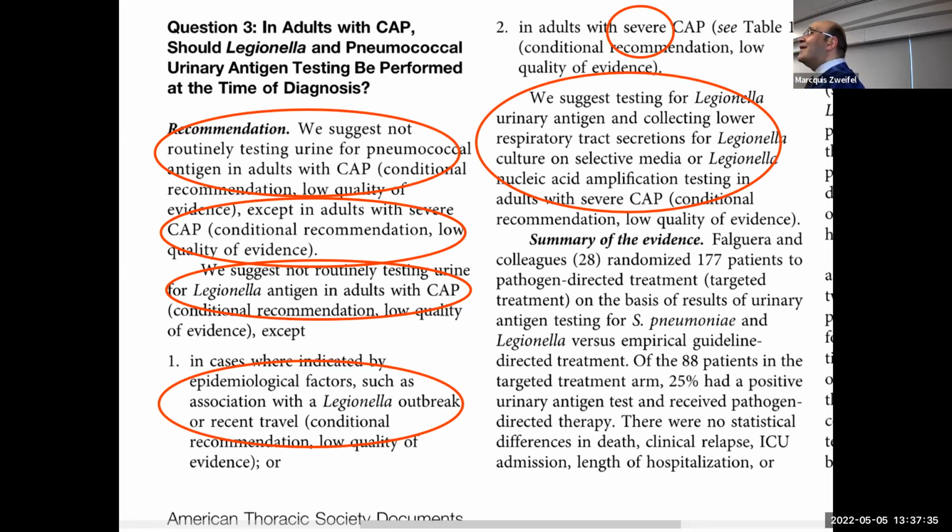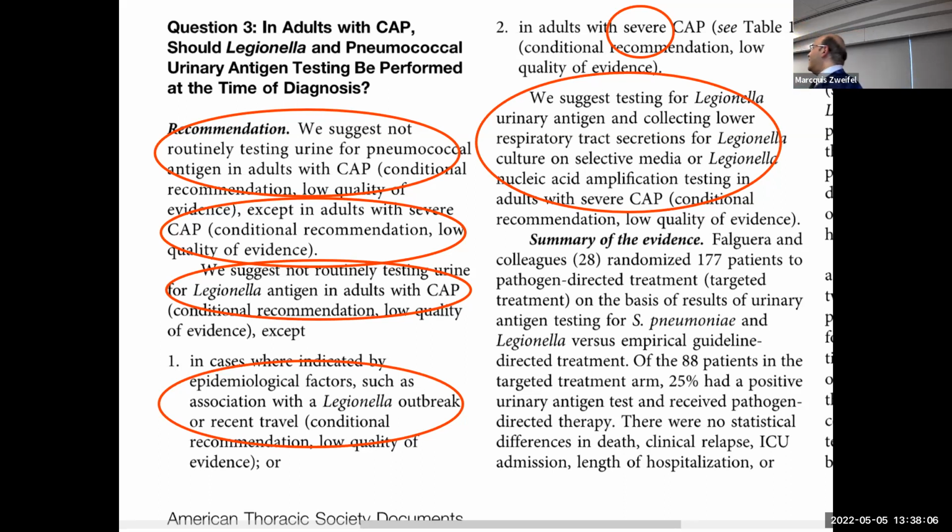Sometimes the only thing that comes back positive is the strep antigen, which tells you that your patient has some infection, strep pneumo. And you can send the strep antigen in the urine up to 3 days after you start antibiotic. So if you are busy at night and forget to order the strep antigen, and you gave him antibiotic yesterday, in the morning you can still send it. Up to 72 hours is still possible.